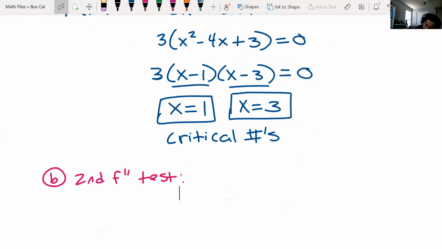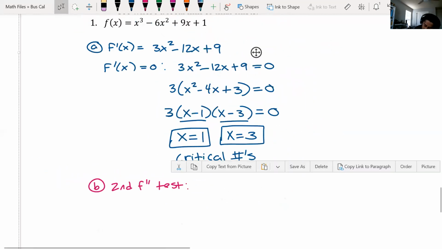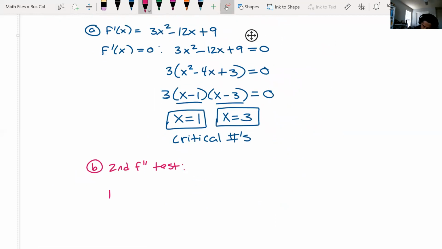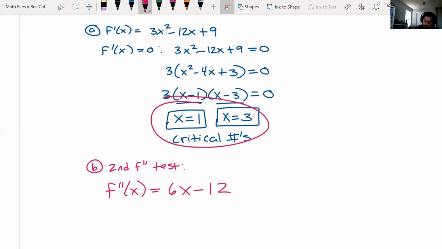So look at the first derivative and take the derivative of that. So we're going to say f double prime of x is going to give me 6x minus 12. So the way the second derivative test works is we're going to take our critical numbers and plug them into the second derivative.